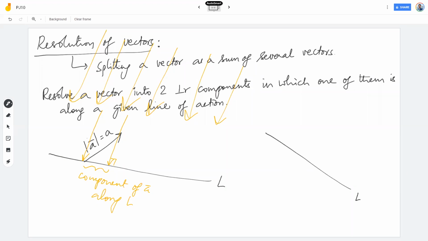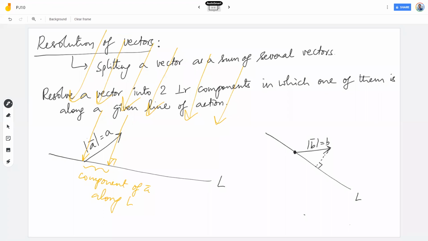So if this is a line L, and if this is a vector B bar whose magnitude is B units, what are the two perpendicular components of B bar in such a way that one of them is along L and the other is perpendicular to L? Make sure that one end of the vector is on the line. And from the other end of the vector, drop a perpendicular onto the line.